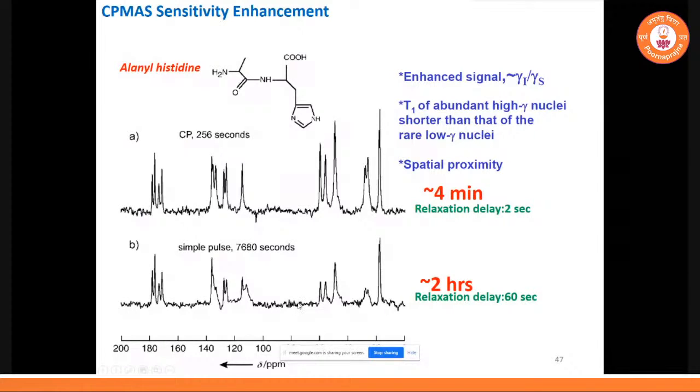After every scan, you have to literally wait 1 minute for the next scan. And to get a good signal to noise ratio, you have to run almost 7,000 scans. But if you do the cross polarization pulse sequence, transferring polarization from proton to carbon, I can achieve the same sensitivity in 256 seconds. That means within 4 minutes I can finish this experiment, whereas if you do only carbon, you have to literally wait for 2 hours. So that's the advantage of cross polarization.